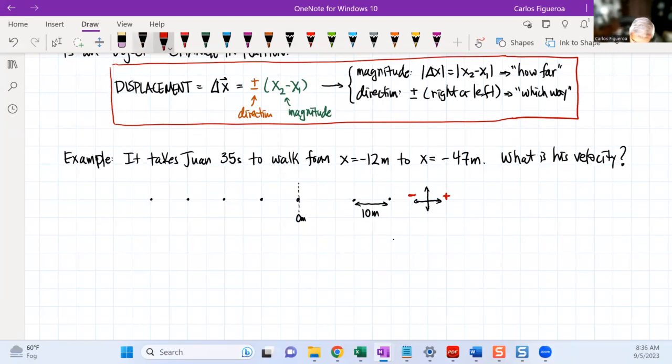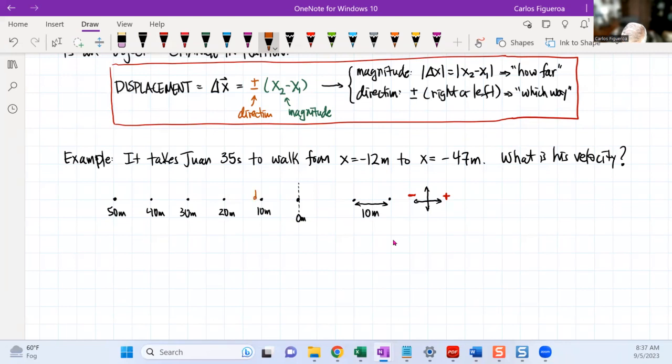So if I look at how I scale this, this will be 10, 20, 30, 40, 50 meters. So where is Juan here? I'm going to make Juan this little purple guy right here.